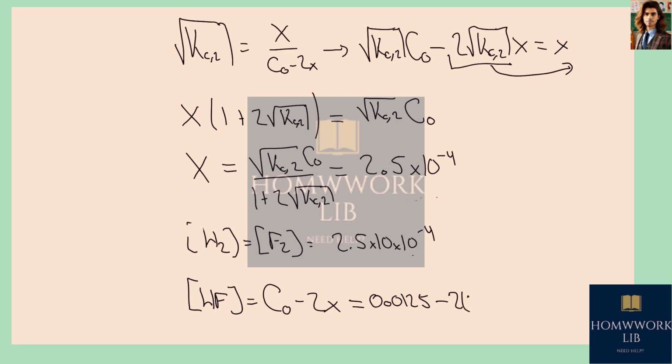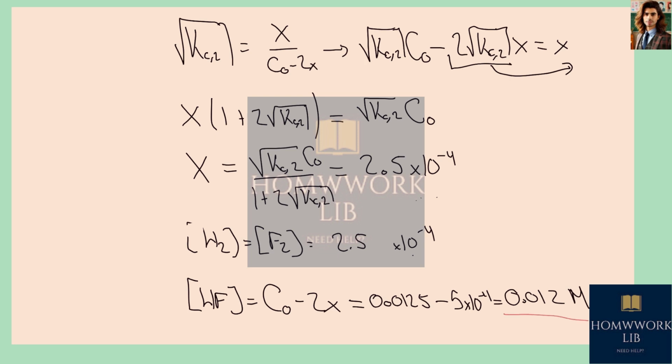So 2 times 2.5 times 10 to the minus 4, which is 5 times 10 to the minus 4. Okay, and the result is 0.012 molar. And now this would be the correct answer.